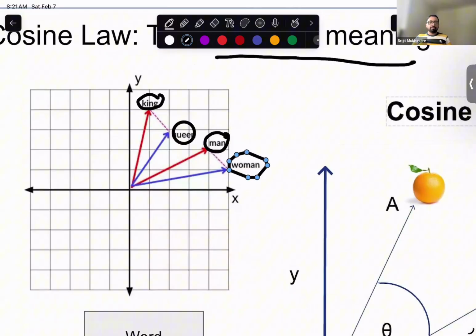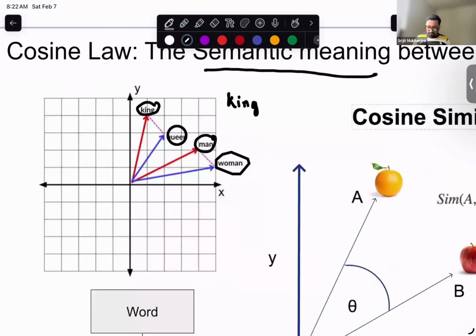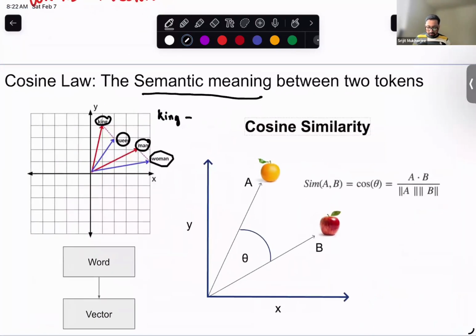If these vectors encode the position and the semantic information between them, then how should they capture it? What should be the relationship? The relationship should be king minus queen.